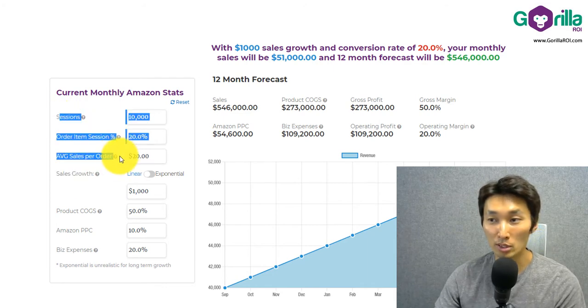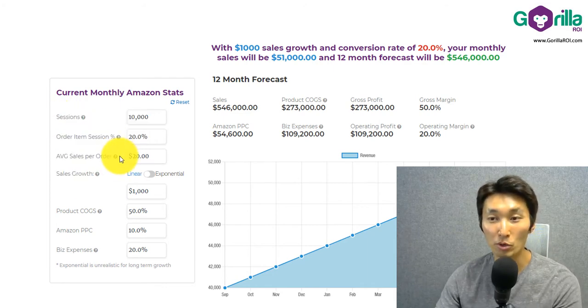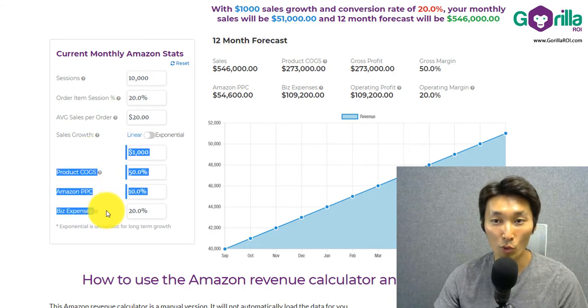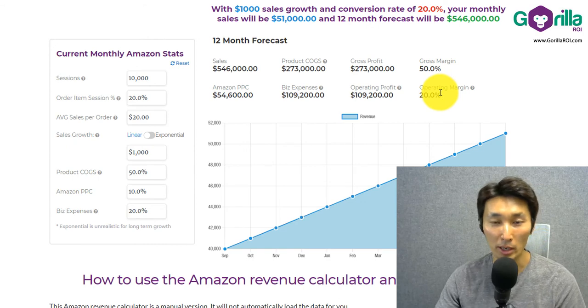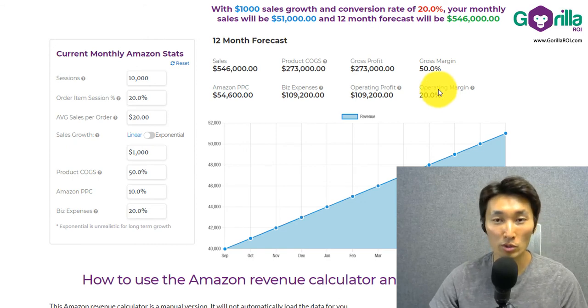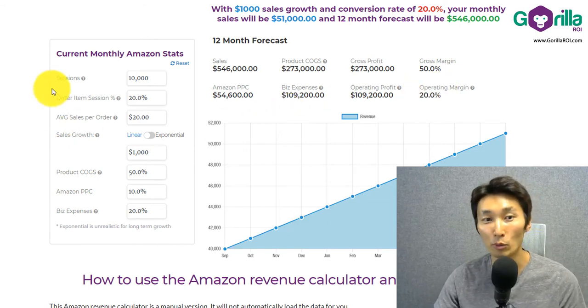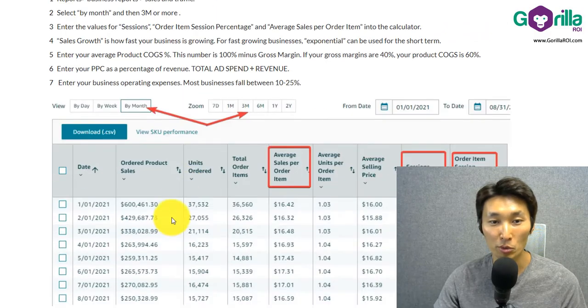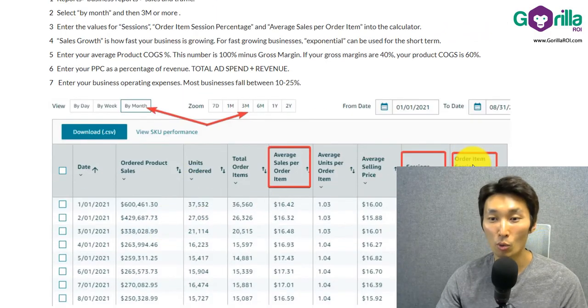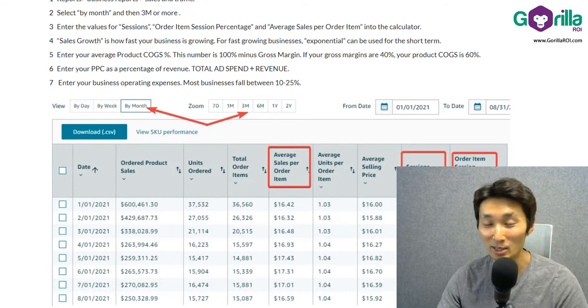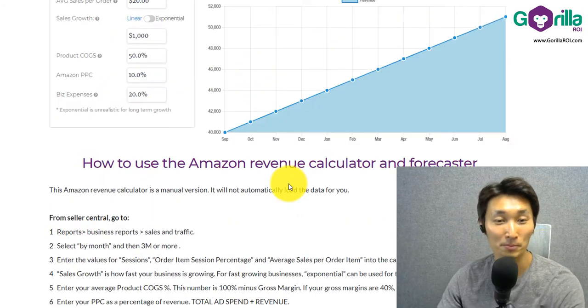These three data points alone will help you forecast. The others are more for your bottom line calculations, like your operating profit, your net profit, etc. But if you just want to forecast your top line, all you need is these three. So from your reports, you get your sessions, order item session percentage, and your average sales order.